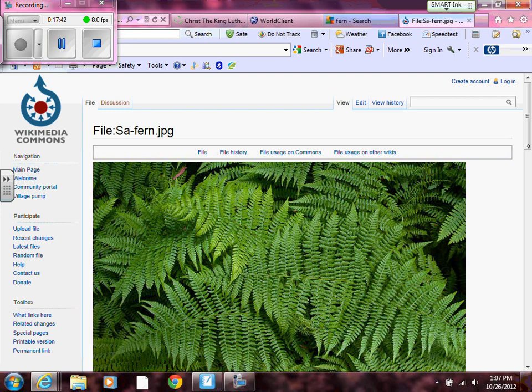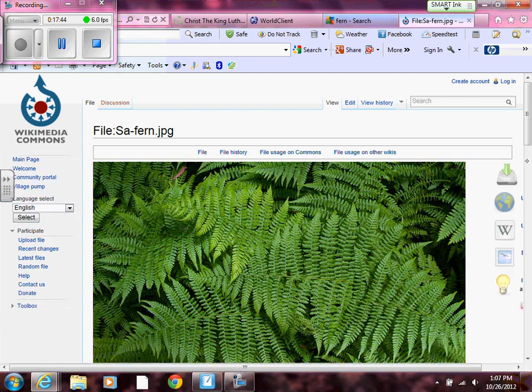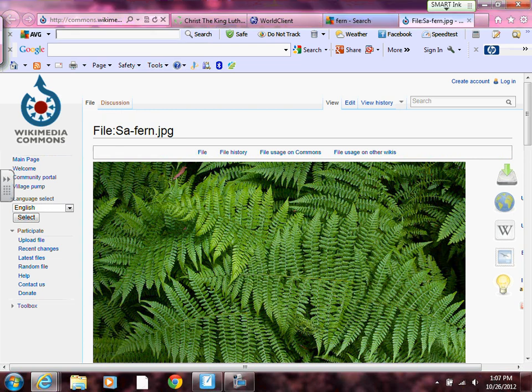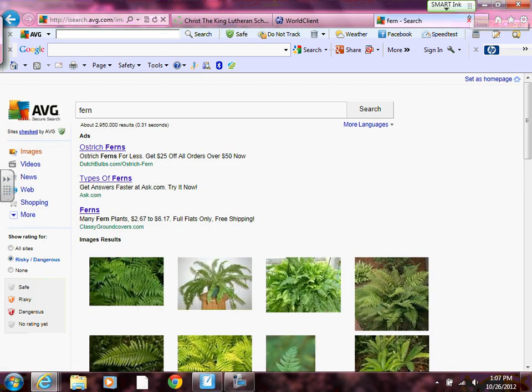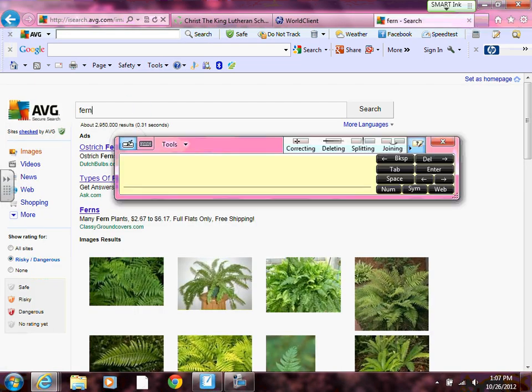Notice how delicate the leaves are. This is the top part you're looking at. The bottom part is going to have those spores on the underside. Let me show you what a moss will look like.